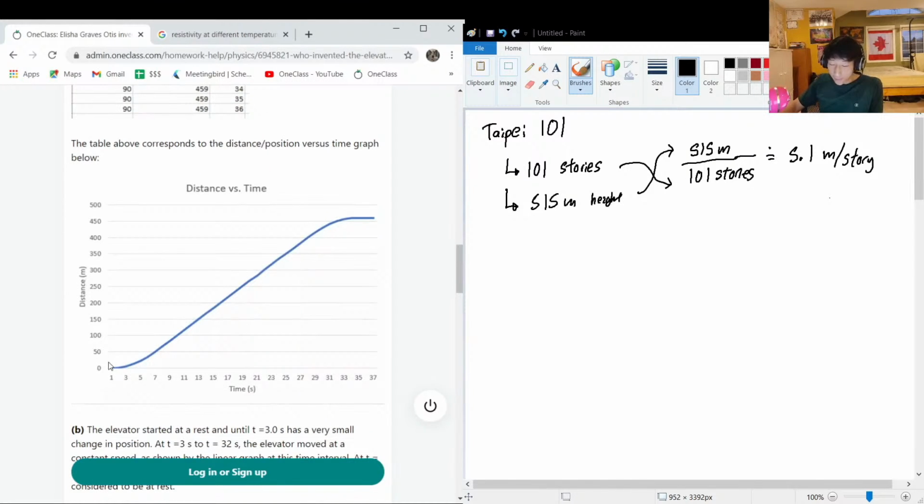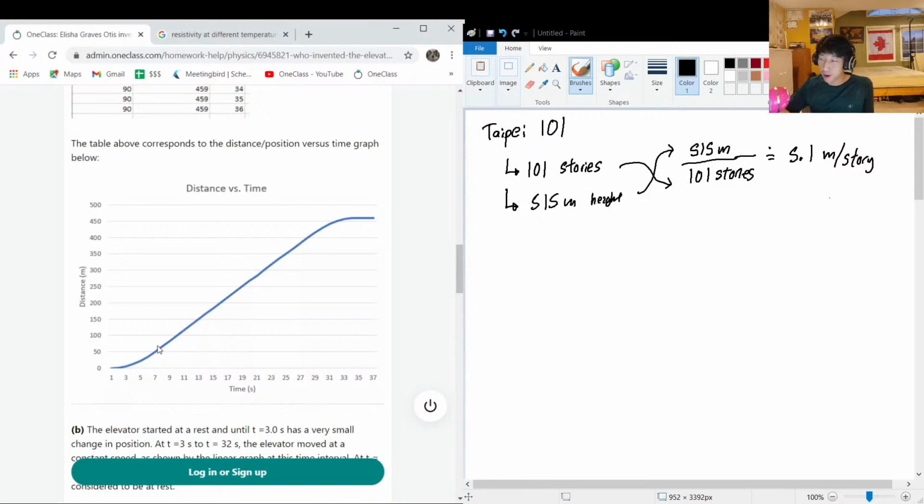Okay, so initially it starts off slow, and then it's going to accelerate the speed of the elevator until it gets to about maybe 5 or 6 seconds, maybe around 7 seconds. That's when the velocity of the elevator is going to be fairly constant, and it's just going to be going up at a constant rate.